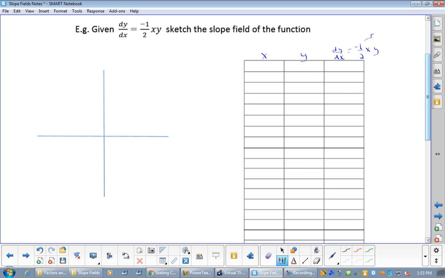This is our slope. So when x equals 0 and y equals 0, if we put zeros in here and here, do you see that we will get an answer of 0? So at 0, 0, which is right here, we would get a slope of 0.